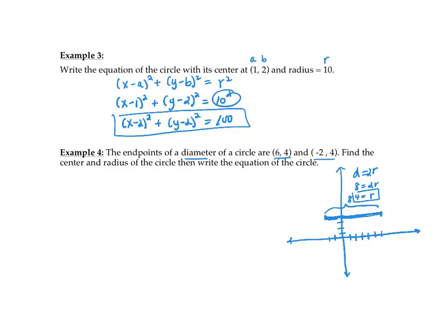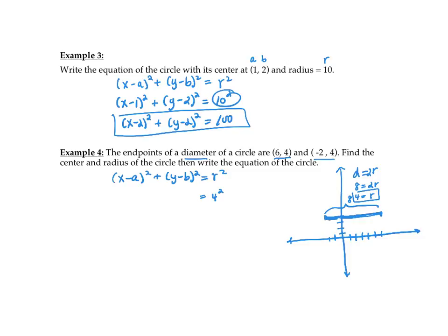Okay, so far in our equation of the circle, we have (x - a)² + (y - b)² = r². And we can now put in there that that should be 4² on the right-hand side.